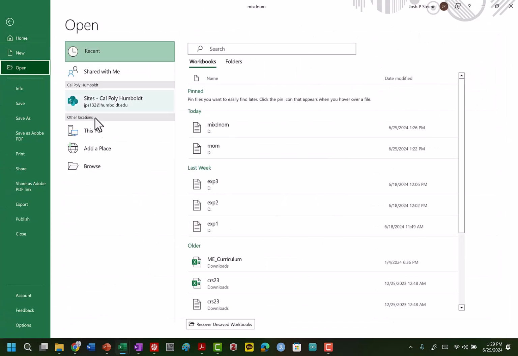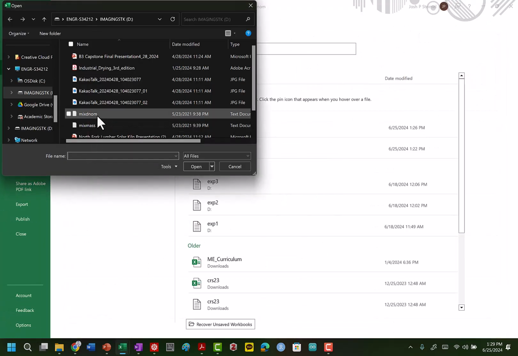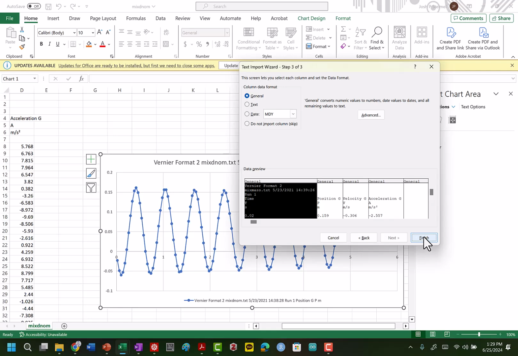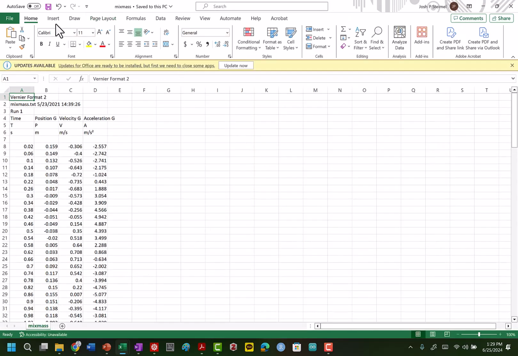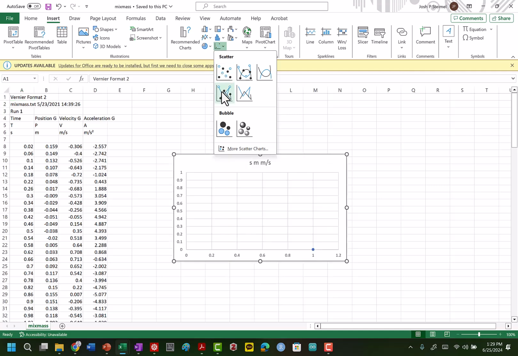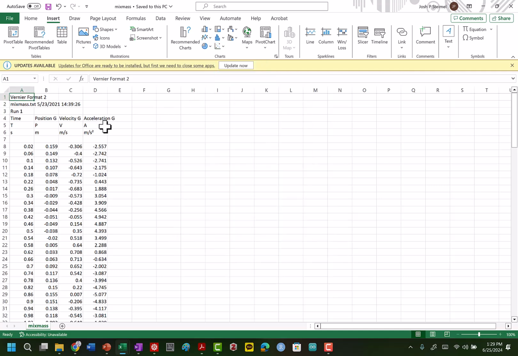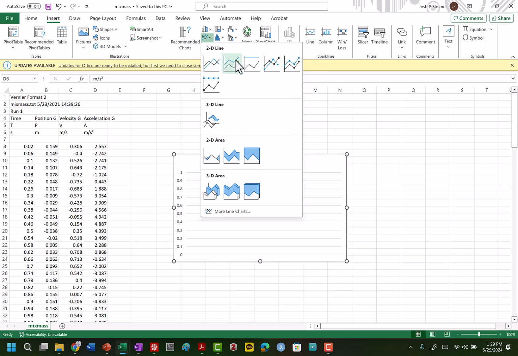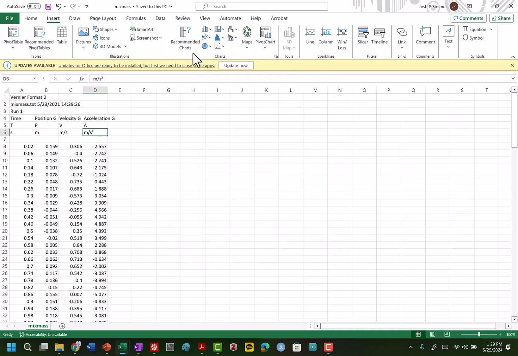Let's open it up. Let's browse again. Mixed with mass. Good. Tab eliminated. Insert. Let's go ahead and click on this.